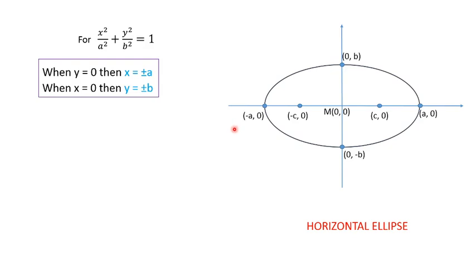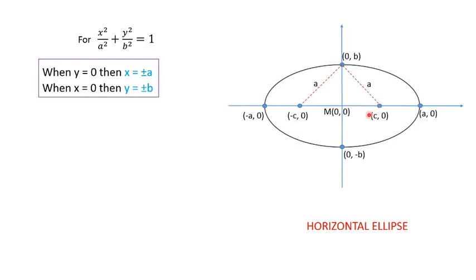Next, what is the relation between a, b, and c? You can choose the point (0, b) here and make the distance, which is 2a, lie here. Since this is an isosceles triangle, and the point on the ellipse is equidistant to the two foci, and the total length is 2a, then since it is isosceles, this will be a and this is also a.